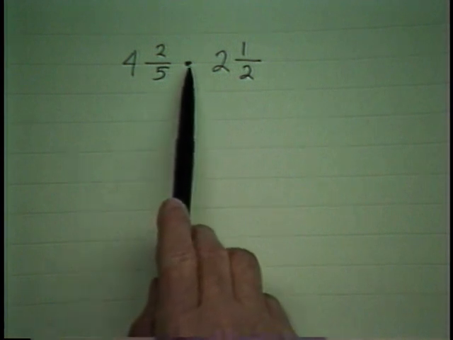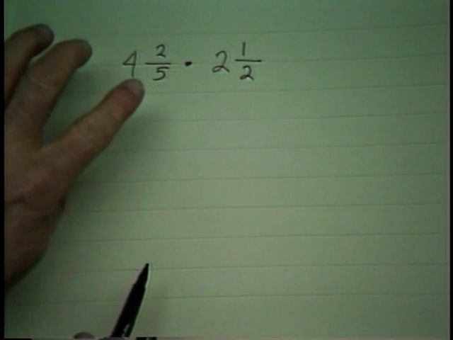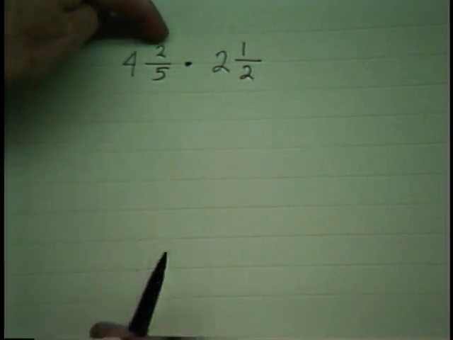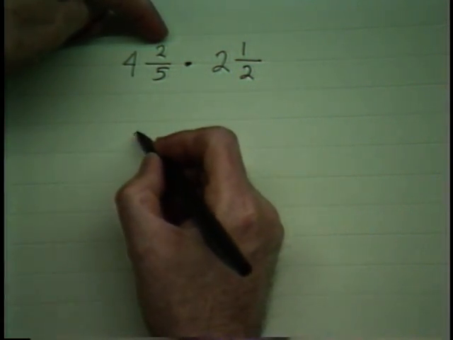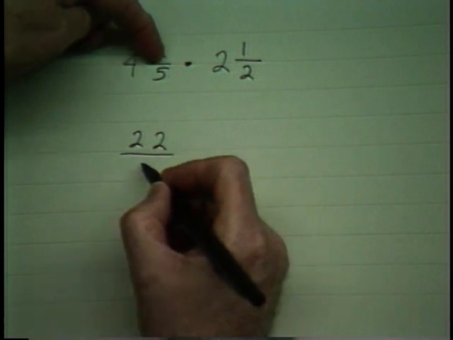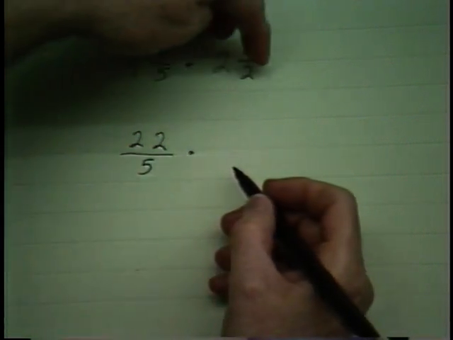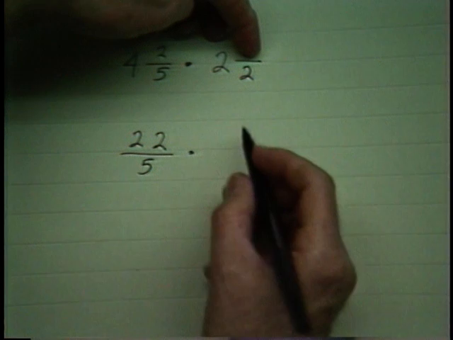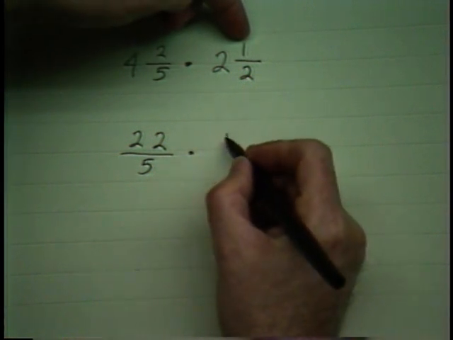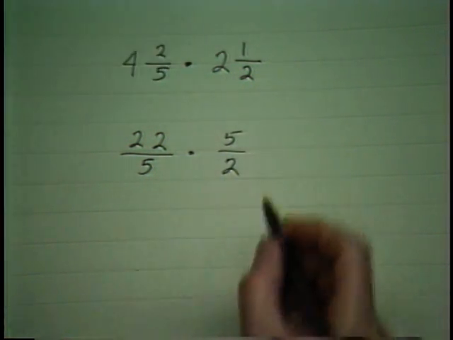Again, to multiply mixed numbers, change each to an improper fraction. So this is 20 plus 2 is 22/5, and this one is 2 times 2 is 4 plus 1 is 5/2.